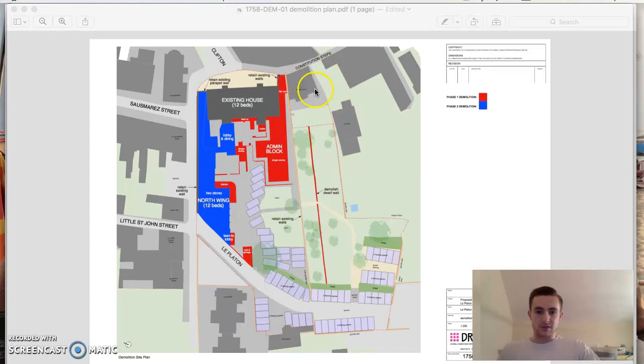And with these being lower, the dust is more likely to settle on these sites here. So the contractor must take special consideration to possibly putting a barricade up here along this boundary to prevent dust falling onto these properties.